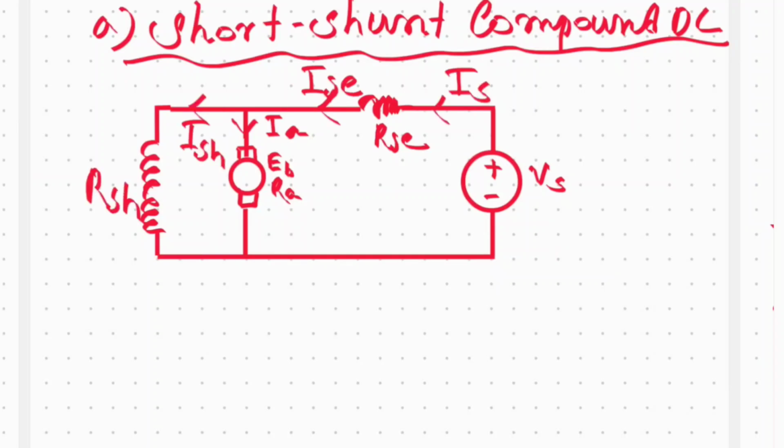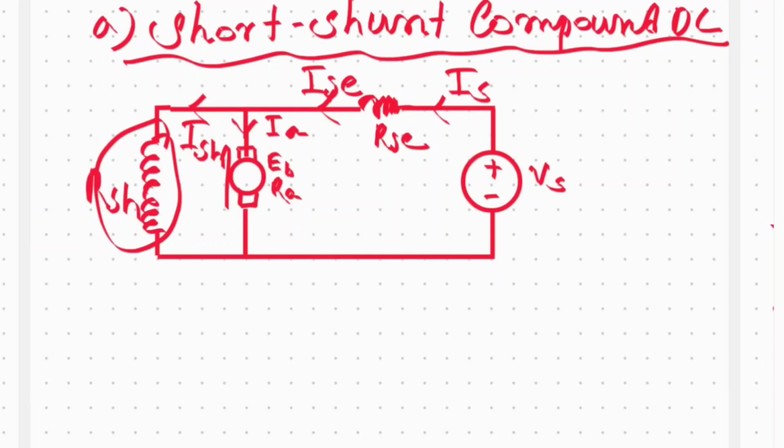Okay, this is the diagram for the short shunt DC motor. A short shunt compound DC motor is one in which only the shunt field winding is parallel with the armature winding.